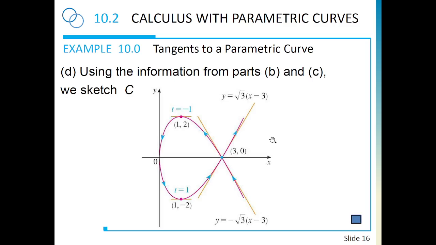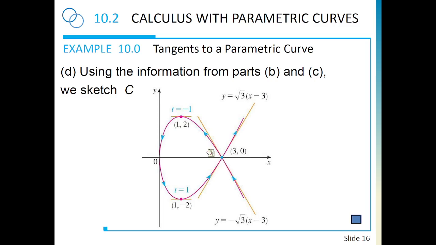So after sketching, we get the shape of the curve. We see that at the point (3, 0), indeed we have crossing. The curve is crossing itself, so we have two tangent lines. When we travel on the curve from this direction, we have one tangent line, and then as we are looping back, we are on the other branch of the curve, so we have a different tangent line. This is the point of intersection of the curve.